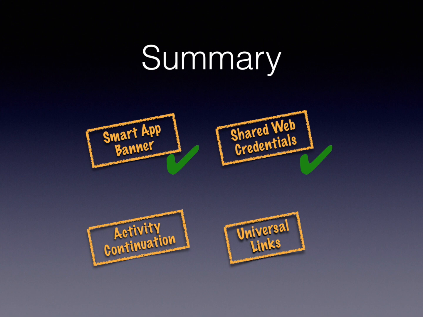We've implemented activity continuation so that the user moves between different apps, Safari and devices. Whatever device is the best for the current situation, he always has his context. And we implemented universal links so that our app is the place to show a URL as opposed to mobile Safari, if it's installed.